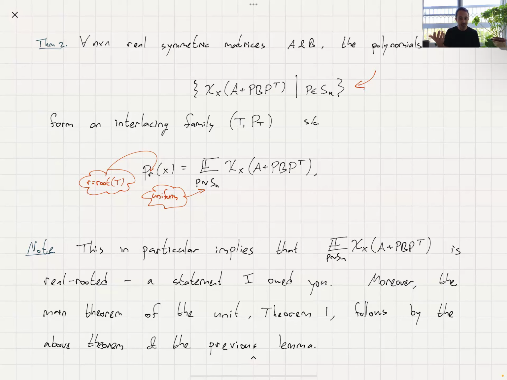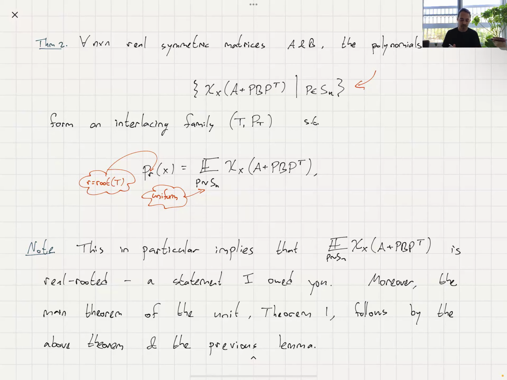And not only that. In the lemma that we want to invoke, the promise was that if you know something about the root of the tree, the polynomial attached to the root of the tree, then you know something about one of the leaves. So you don't want just these polynomials to have a common interlacing. What you also want is that the polynomial attached to the root of the tree is the polynomial whose max root you know how to bound.